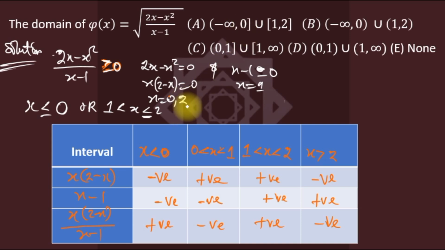In interval notation, it is written from negative infinity, because x is less than or equal to 0, including 0, using this type of bracket, union 1 to 2. 1 is not included, but 2 is included.